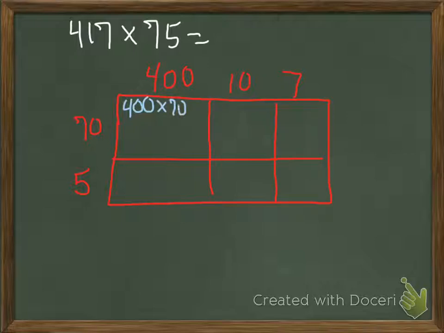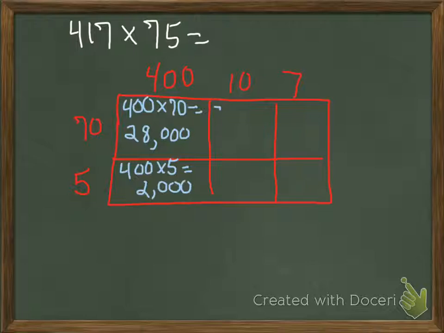Multiply 400 times 70. 4 times 7 is 28, and 3 zeros is 28,000. Next, multiply 400 times 5. 4 times 5 equals 20, and 2 zeros is 2,000.